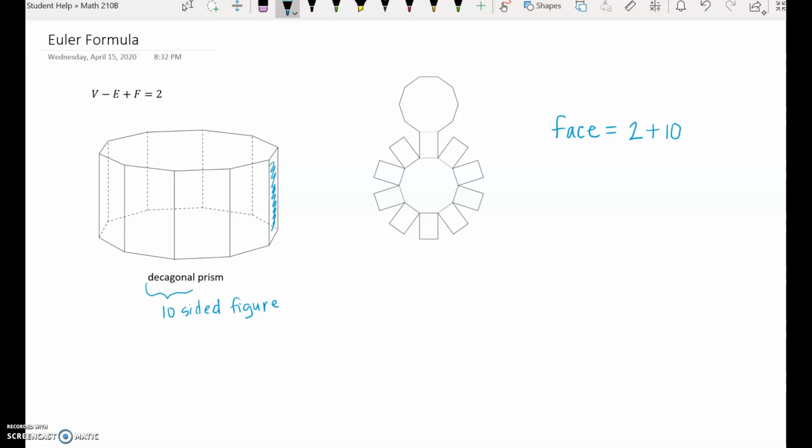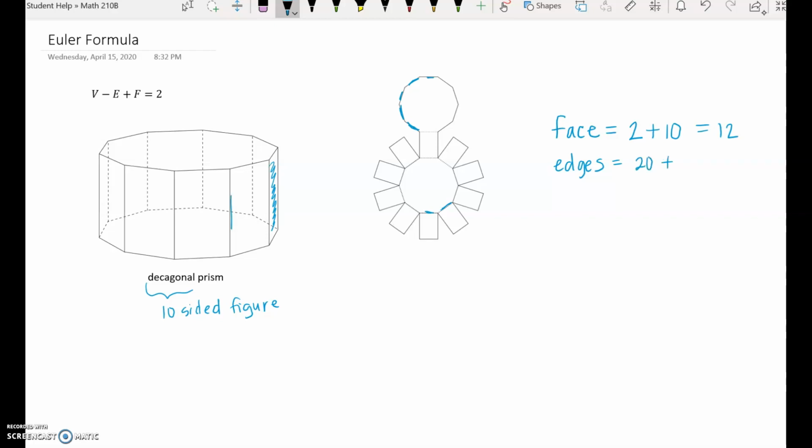And then for the edges, I know that I've got 10 edges along the base, both on the top and also the bottom. So that's going to be 20.